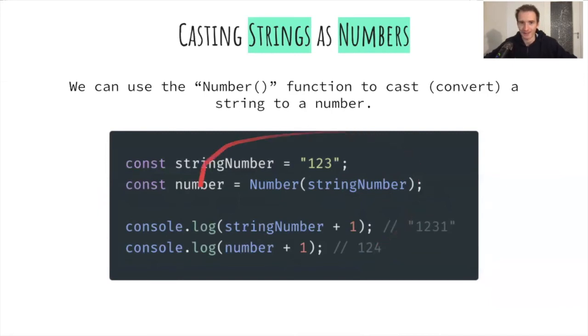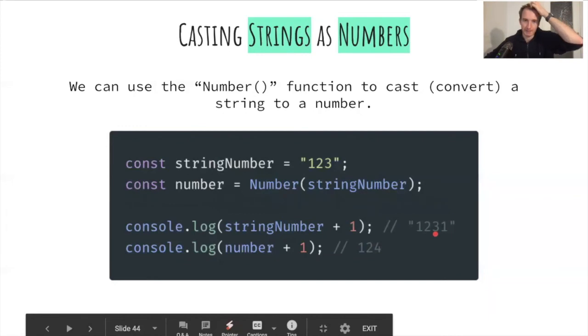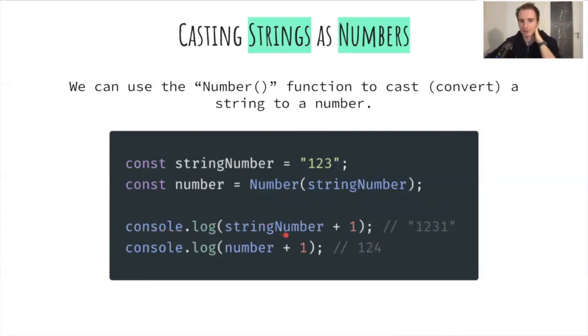So here is an example, using pretty much the same example, going the other way. We can also cast a string as a number. And to do that, we pass the string value into this Number function. This is a good example of where this pops up. If we try string number plus 1, with the number as a string, this will log out a string of characters where it's 1, 2, 3, and then 1 attached to the end of it.